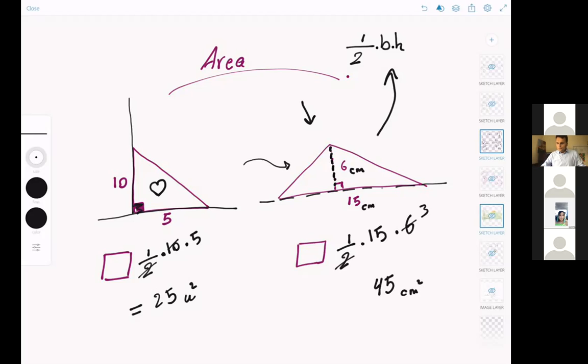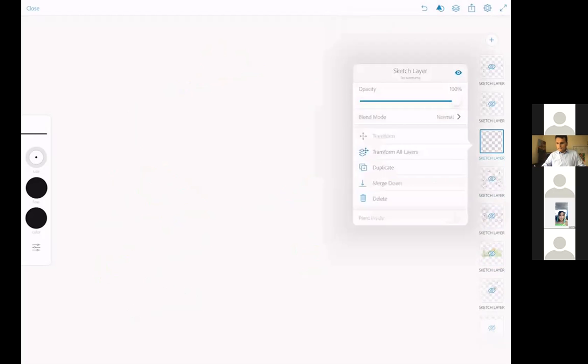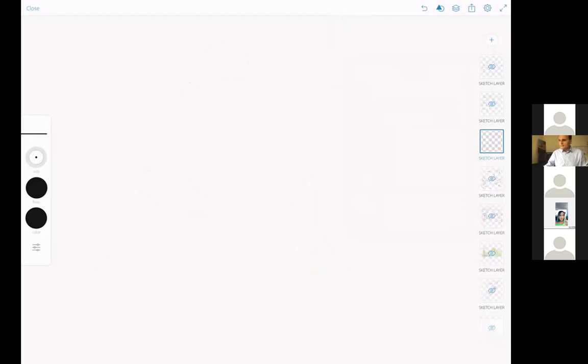What about if we don't have a height? Like this triangle. This is 102 degrees.